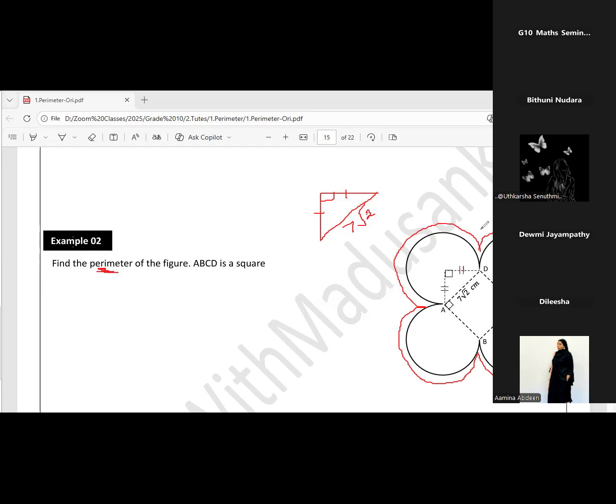First of all, you have to find this length. Then you can find the length of this 3/4 of the circle, right? Only 2 people have sent me the answer. Okay, now time is up.